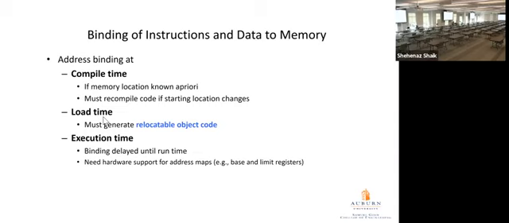If there is a need, for whatever reason, to move the process address space from one physical memory location to another, then if we have performed the binding at load time, we need to reload the entire address space of a particular process, or if the binding has been done at compile time, then we may also need to recompile before we can move it to some other identified memory location.